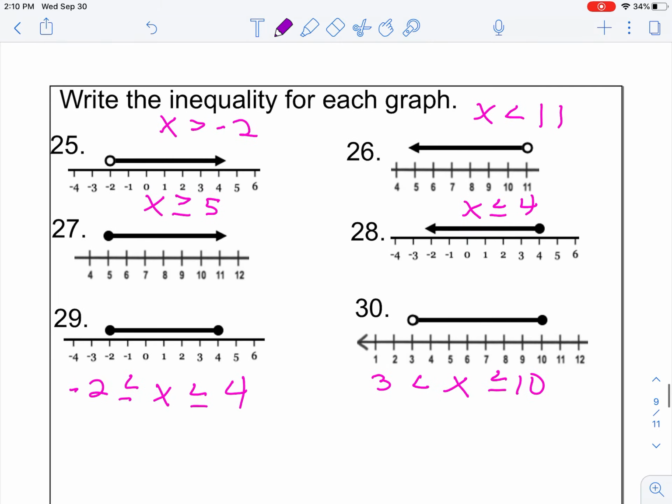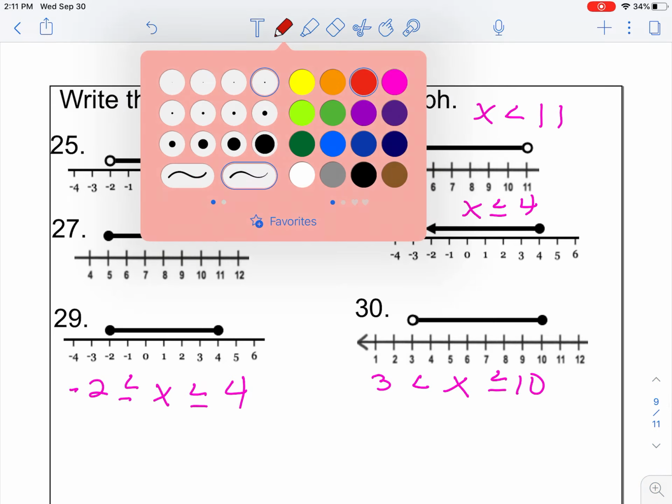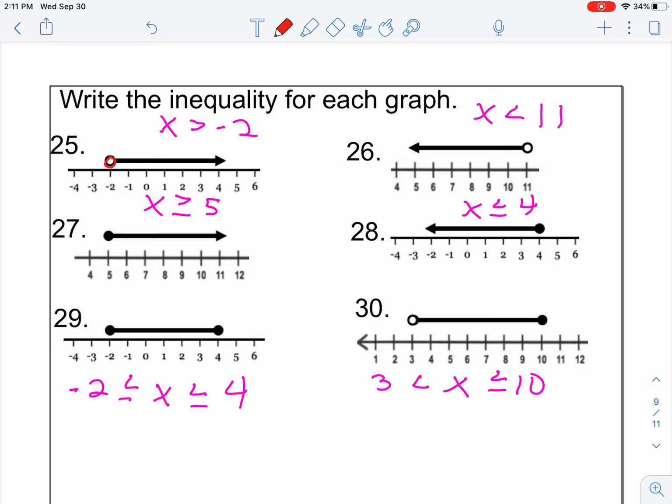All right, the inequalities. I'm just going to explain these in general. Remember, if you have an open circle right here, then it's always less than. So open circles are for less than or greater than.